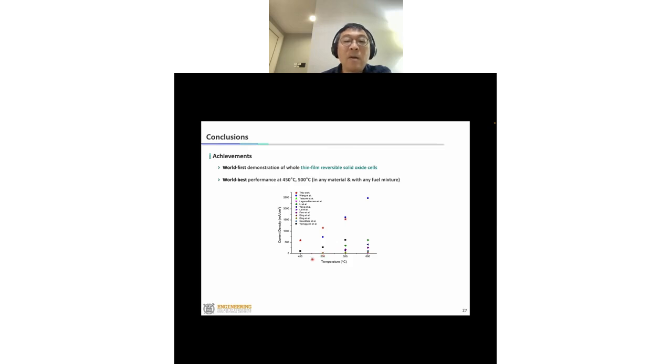So the properties of the electrode and electrolyte materials are fairly good, even though we use the physical vapor deposition or sputtering process, and co-sputtering or reactive sputtering can be employed effectively to make the working electrolyte and electrode for the solid oxide cells.